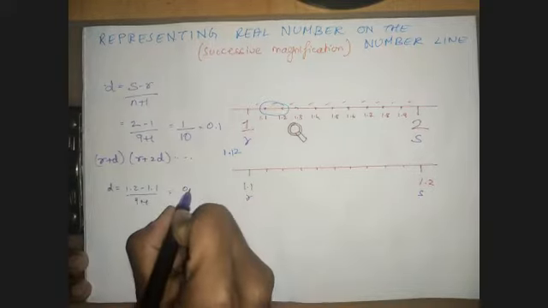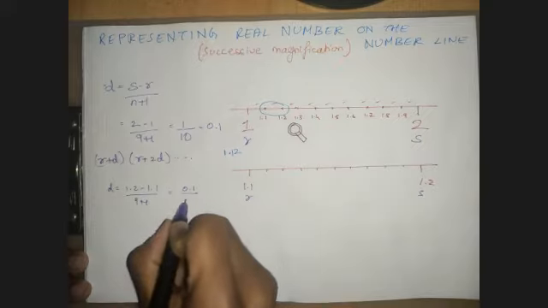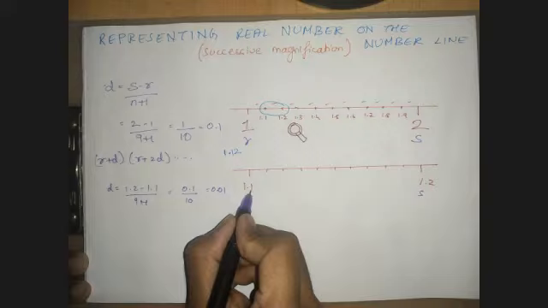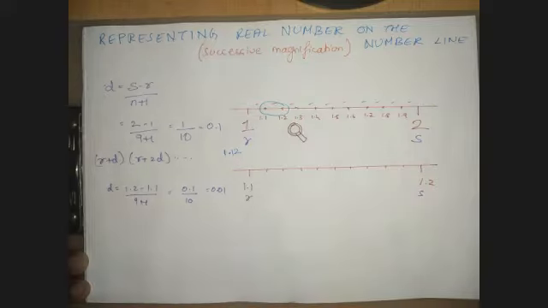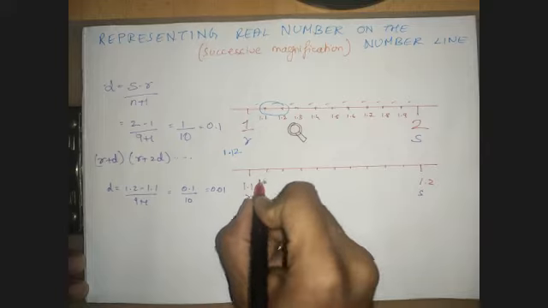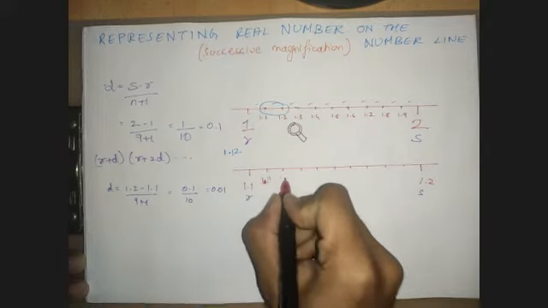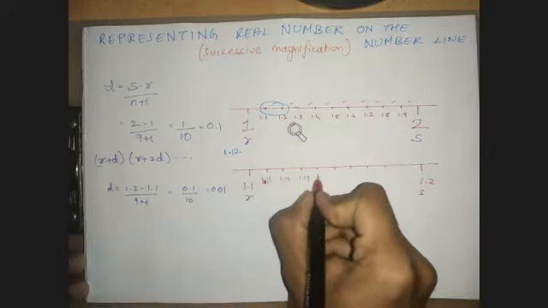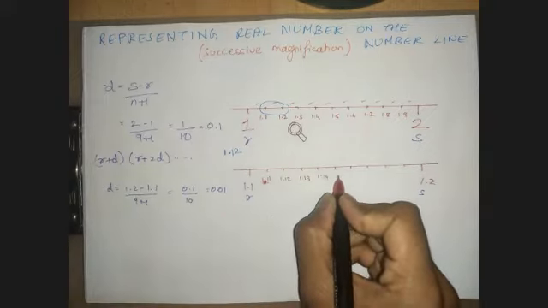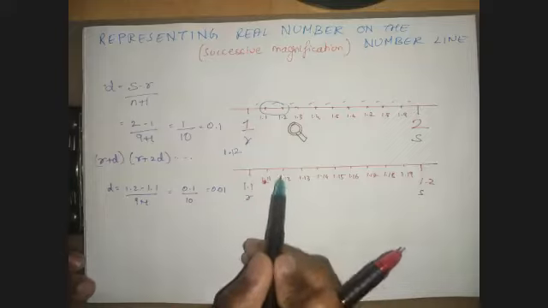So 0.1 divided by 10 is equal to 0.01. So I need to add 0.01 to successive numbers. So what do I get? I get 1.11, 1.12, 1.13, 1.14, and so on. So where is 1.12?